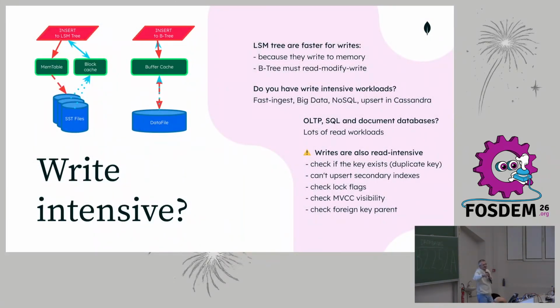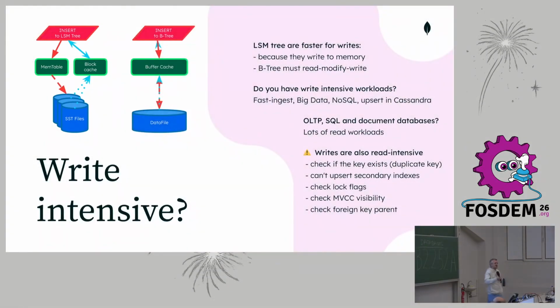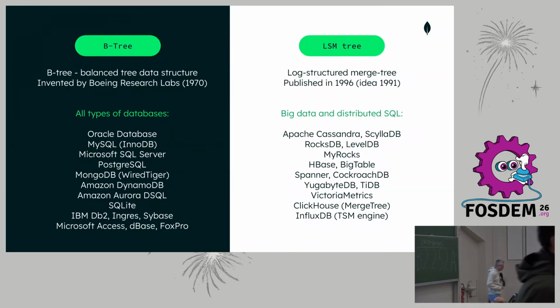So this additional thing that you do when you write, you need it to read. Whereas in LSM-Trees, the read goes to a completely different path and even a different cache. So it is an overhead there. So need to think about it. It's not as easy as I do a lot of writes, I will pick a database with LSM-Trees. Okay?